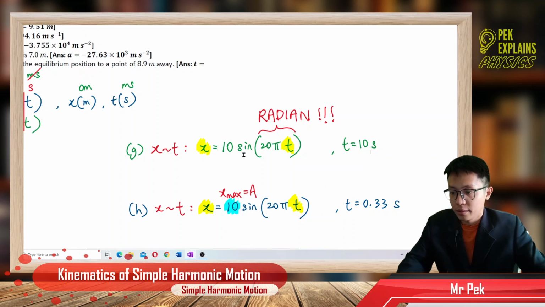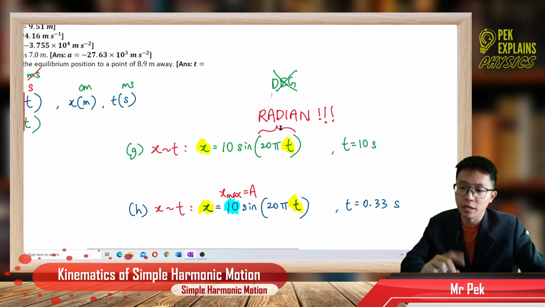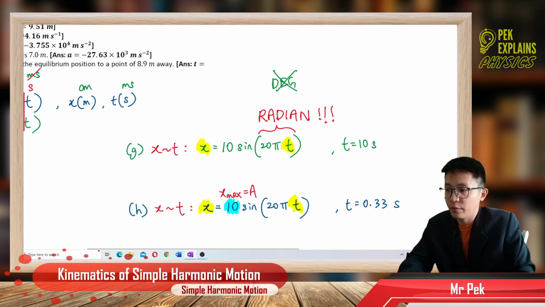Remember, for this chapter, the sine, the theta must be in radian. Don't use degree. In the chapter on simple harmonic motion and mechanical wave, your calculator needs to be changed to radian. Cannot use degree. Why? Because we have pi.